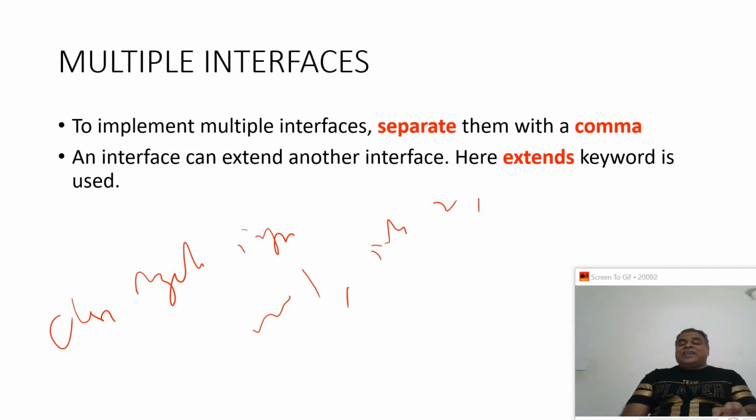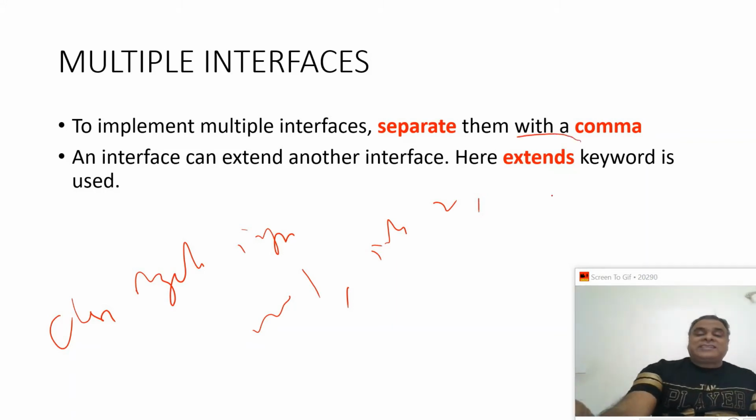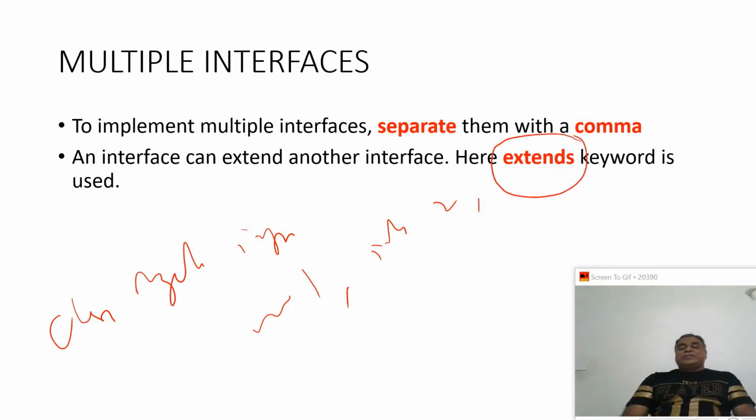When an interface extends another interface, you use the extends keyword. You understood? A class extends another class; in the same way, an interface can extend another interface, but a class implements interfaces. This is another important point you need to understand.